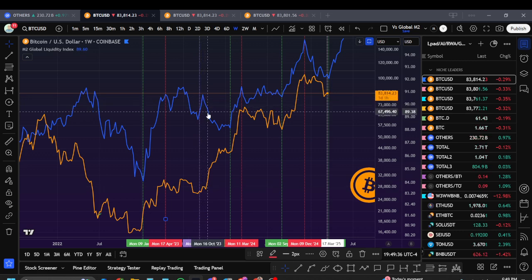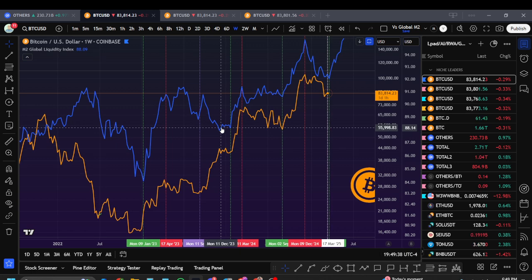right? And then as it falls, Bitcoin goes up. So this is a little bit of an anomaly here. As this falls, Bitcoin goes up.